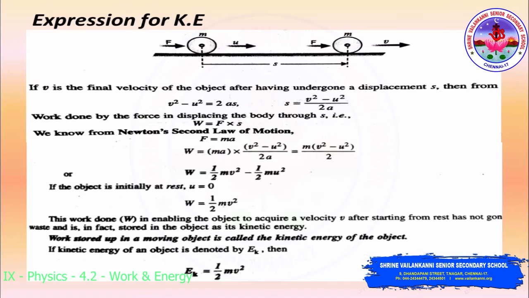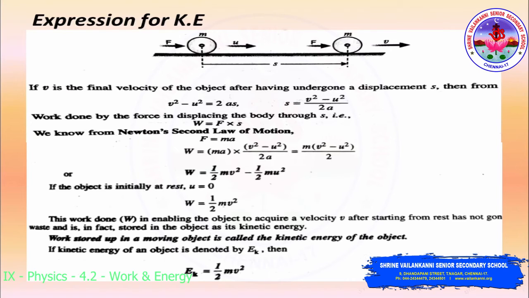If the object is initially at rest, u equals 0. Then we can modify the equation: W equals half mv square. So the work done in enabling the object to acquire a velocity v after starting from rest has not gone waste and is in fact stored in the object as its kinetic energy.